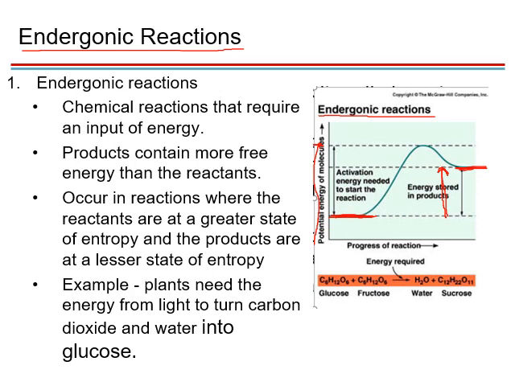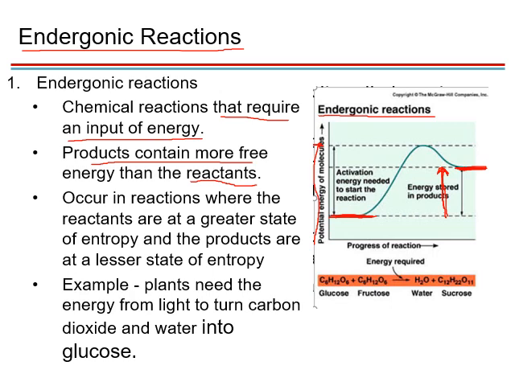And this is what happens in an endergonic reaction. Energy is put into the reaction, and the product ends up with higher usable energy or potential energy. So in endergonic reactions, again, the products contain more free energy than the reactants, and it requires an input of energy.